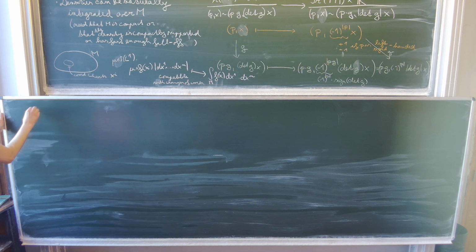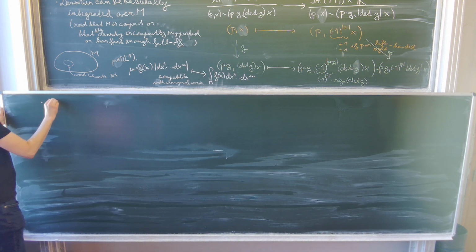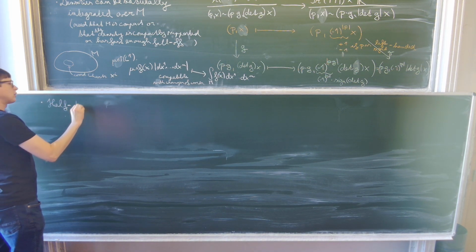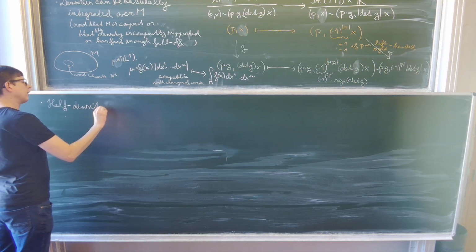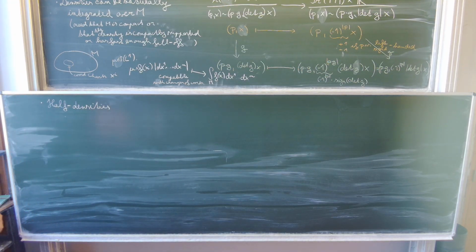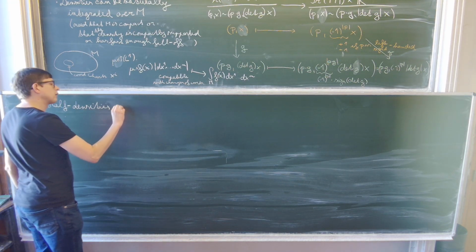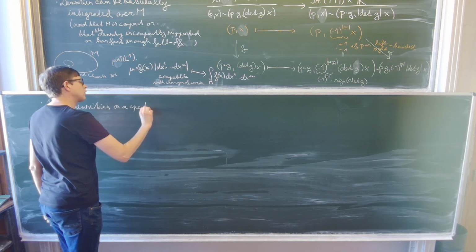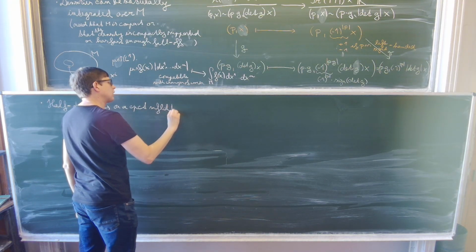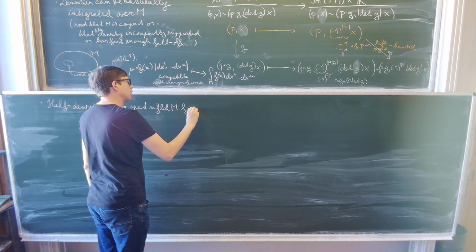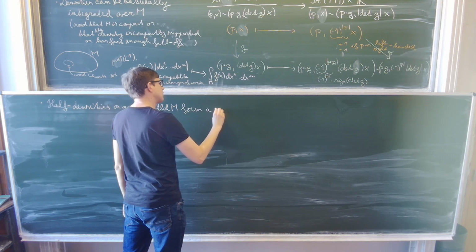Okay, so half densities. Now let's say on a compact manifold maybe, they form our Hilbert space.